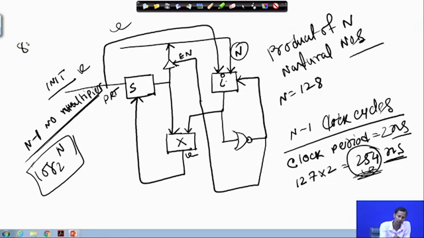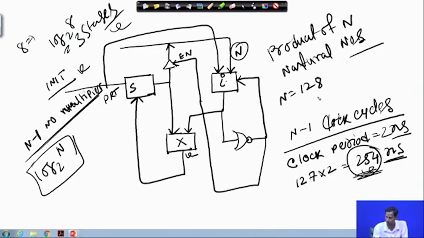Why? Because if I have 8 numbers to add, I will have log base 2 of 8, that means 3 stages of adder or 3 stages of multiplier. Here, as I have chosen n equal to 128, that is 2 to the power 7, so 7 stages will be there.